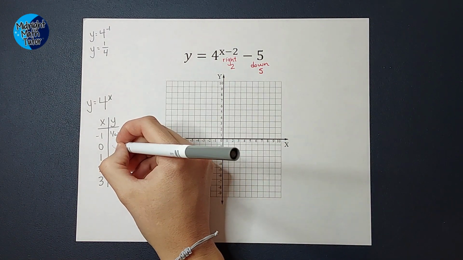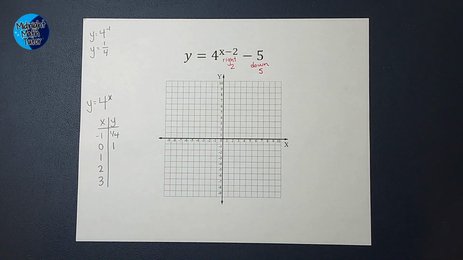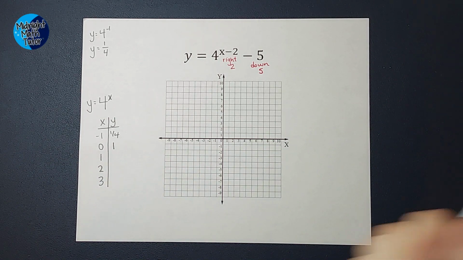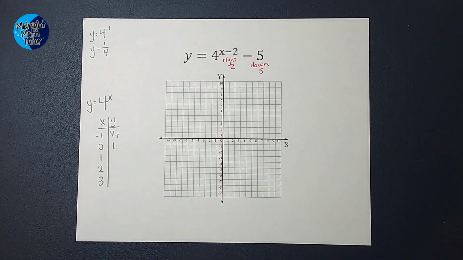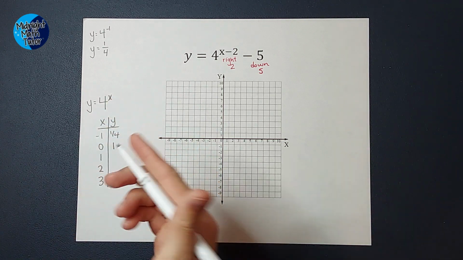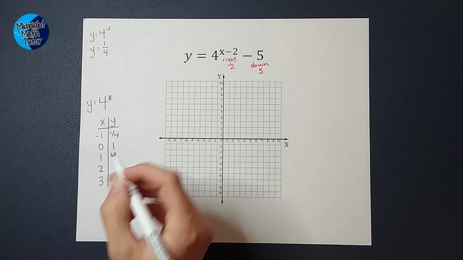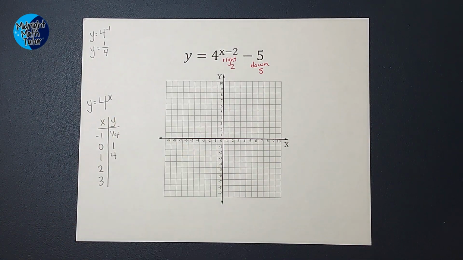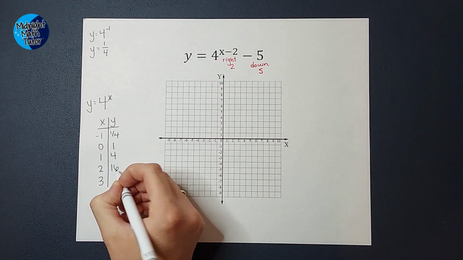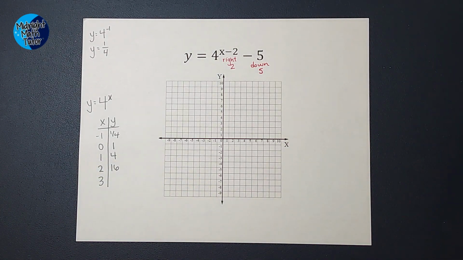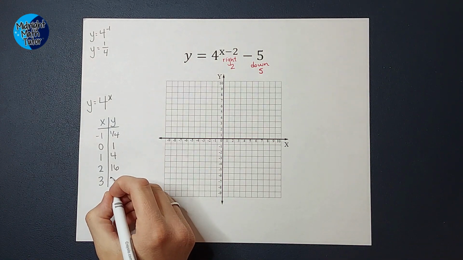So when I plug in 0, I get 1. Again, sorry, I feel like a broken record, but if you want to know why anything to the power of 0 is 1, I'll link a video in the corner, okay? All right, 4 to the power of 1 is going to be 4. 4 to the power of 2 is going to be 4 times 4, which is 16. And 4 to the third power is going to be 4 times 4 times 4, which gives me 64.